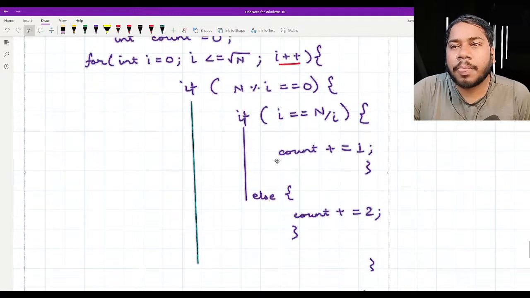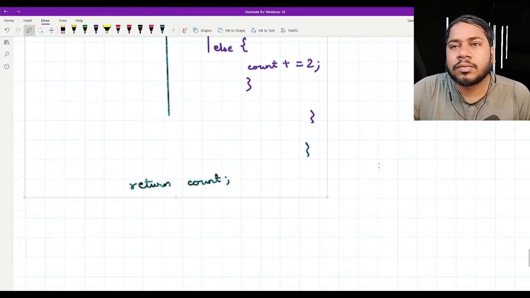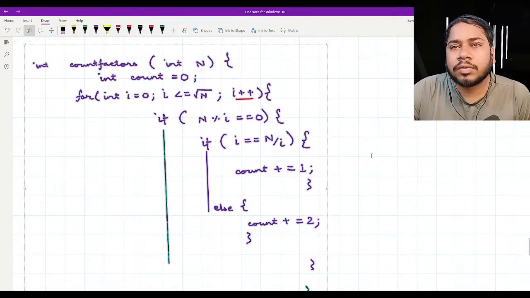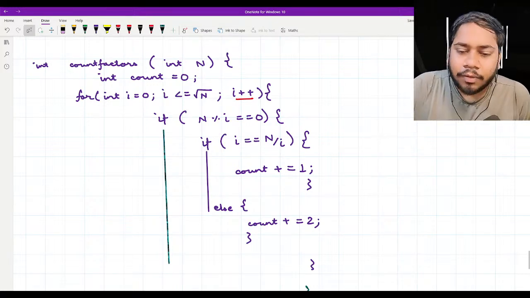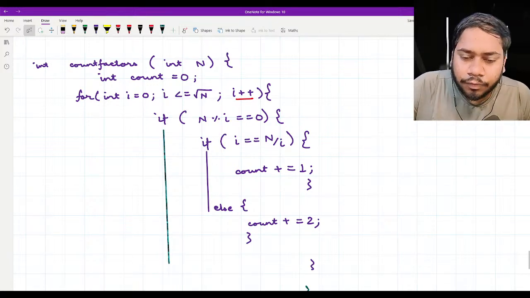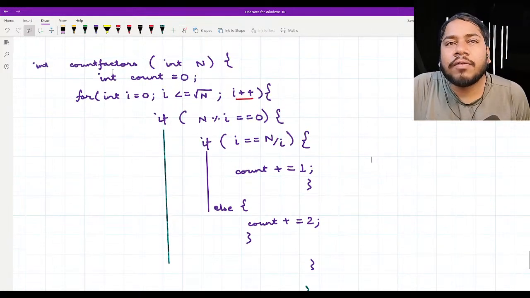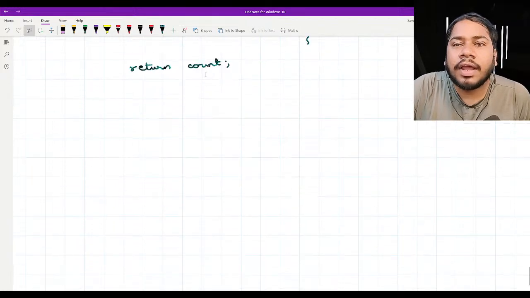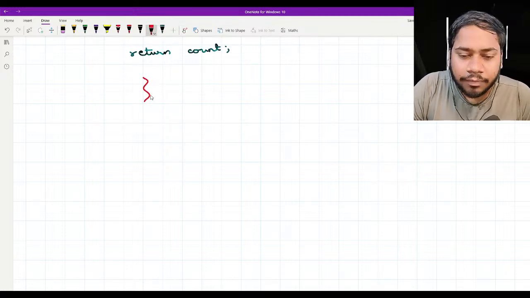It's okay, we can understand that. So here we have int count factors, and that is giving the count, right?